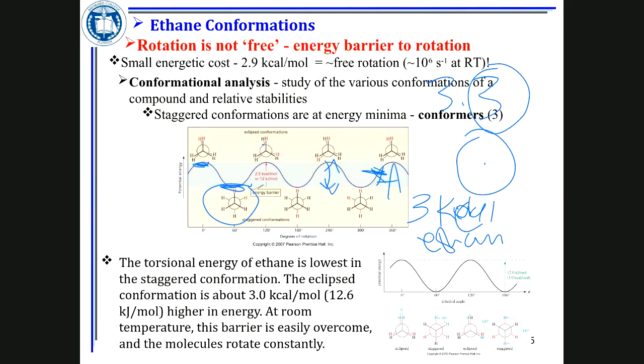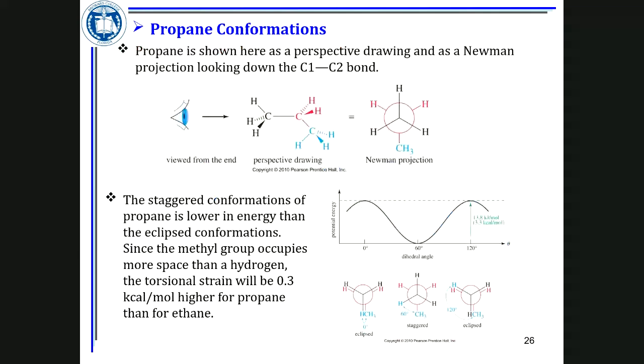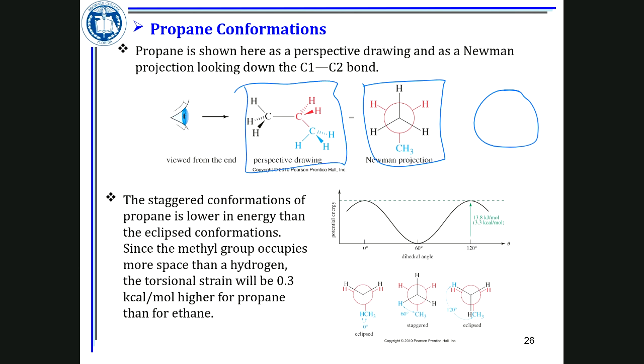To draw the Newman structure for propane. Again, the Newman structure is presented here, but I'm going to draw with you, so when you're drawing your own Newman projection, when you have the 3D structure, whether you have eclipse or the staggered position.